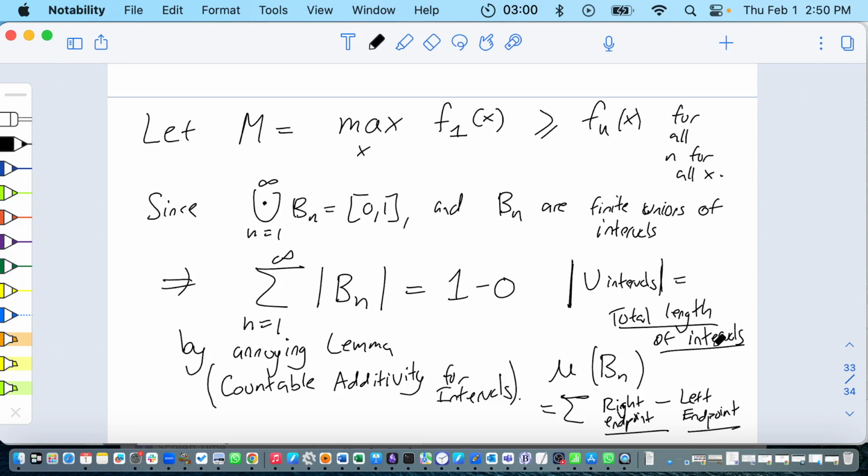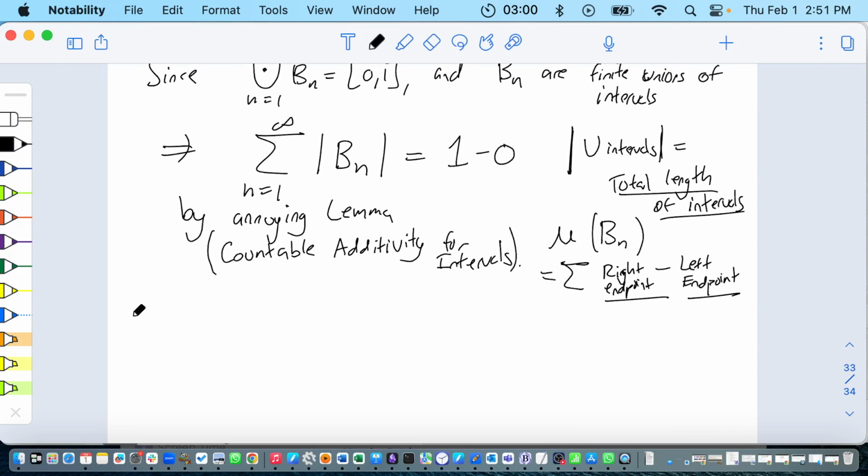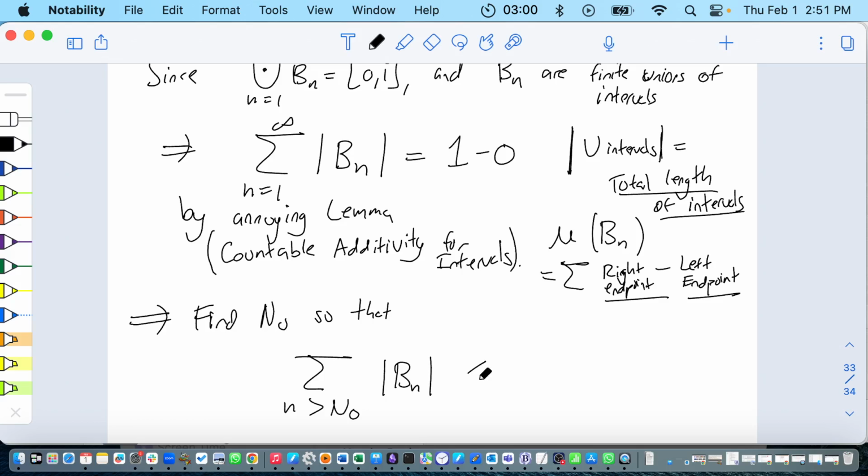Other questions or comments? Okay, so the sum of the lengths of the Bn's is 1, and if it's an infinite series that adds up to a finite number, the tails are small. So let's find an n naught so that the sum over n bigger than n naught, the tail of the lengths of the Bn's, is less than epsilon naught over 2m.